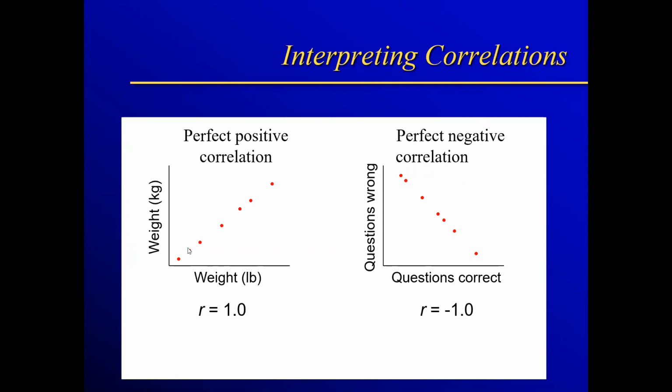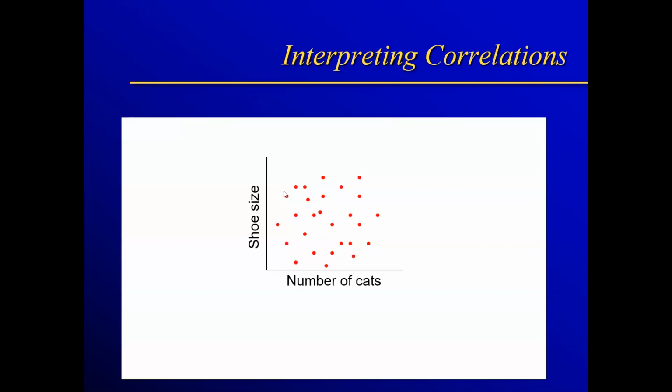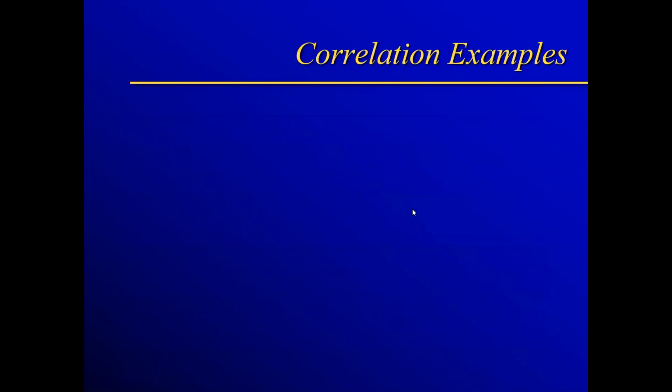You'll never see a perfect correlation like this in the real world. It's never perfect. But if all your dots are trending upward, it's a positive correlation. If your dots are trending downwards, it's a negative correlation. And if there's no relationship at all, this is no correlation, or an R value of 0. All right, going through that fast because I believe that YouTube video talked about that as well.